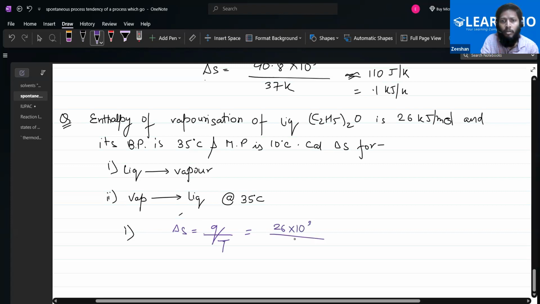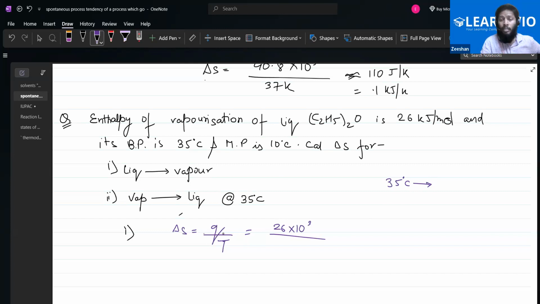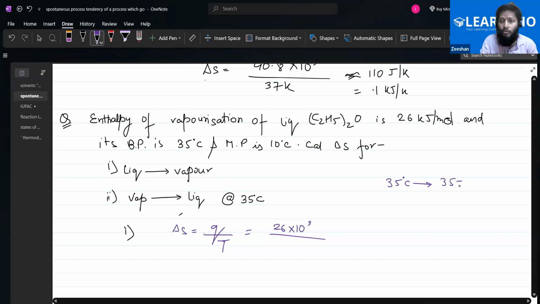The temperature is given as 35 degrees Celsius, so we have to convert it to Kelvin, otherwise we will get the wrong answer. Because in thermodynamics, nearly everywhere we have to use temperature in Kelvin, not in degrees Celsius or Fahrenheit. So 35 plus 273.